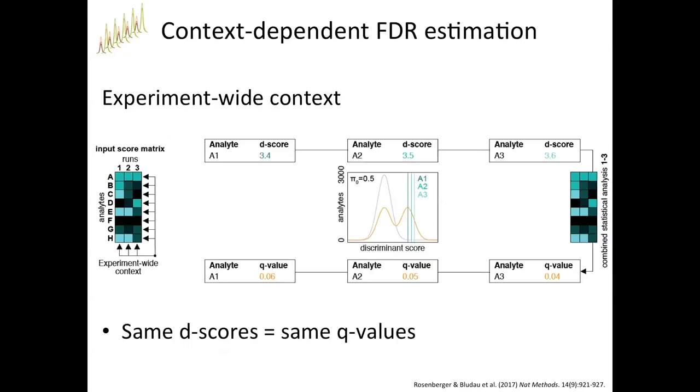And when we then convert the D-score to the Q-values, we will see that the same D-score is also resulting in a comparable Q-value. And this might be beneficial if you have very heterogeneous data sets and you want to assure that when you have the same visual peak quality, you also get a similar Q-value.